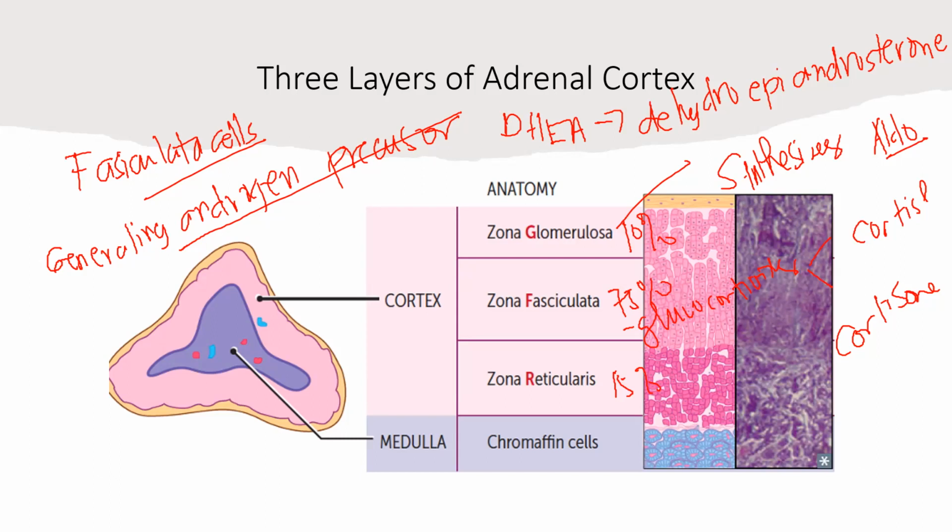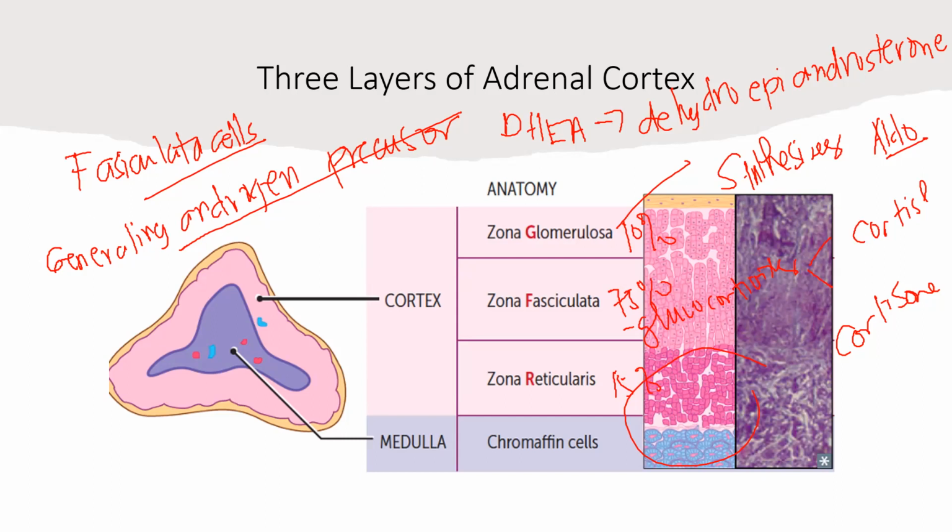And lastly, we have your zona reticularis, which is the R zone, and approximately 15% of our adrenal cortex. This is a sharply demarcated zone with lipid-deficient cords of irregular cells dense with lipofuscin deposits. That's why if you look at our illustration, medyo mas darker ang color ng ating zona reticularis.